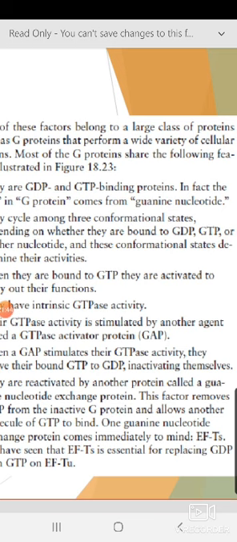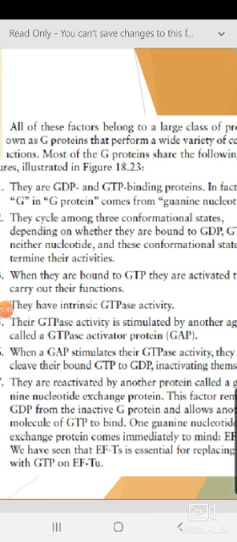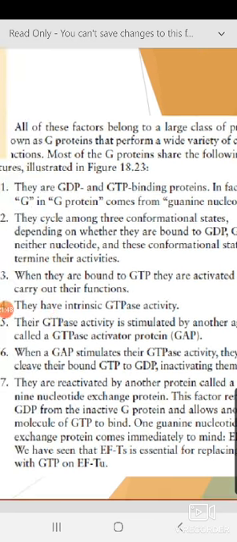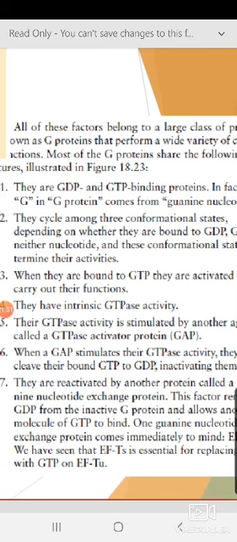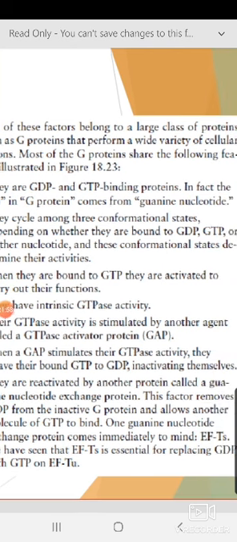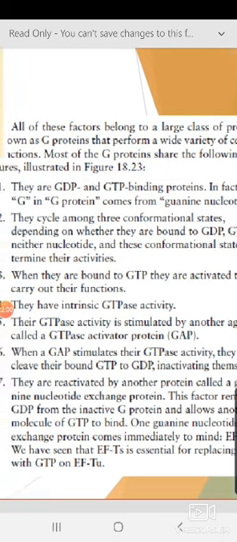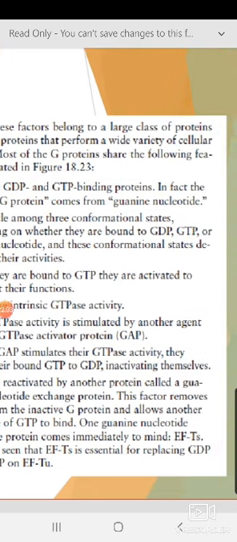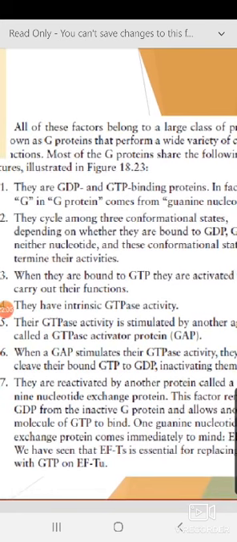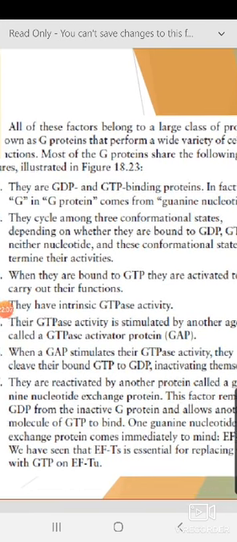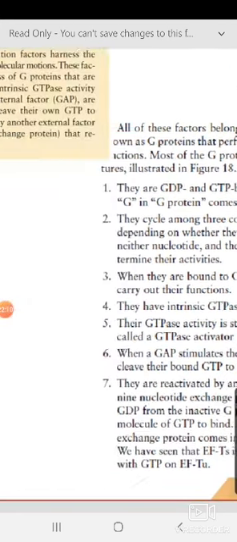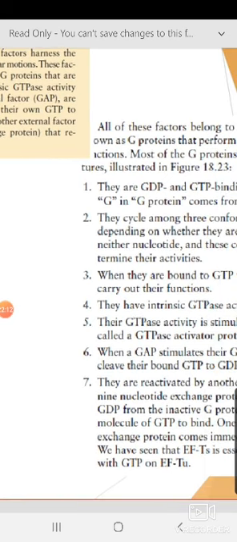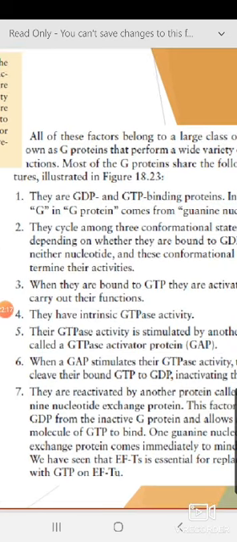This factor removes GDP from the inactive protein and allows another molecule of GTP to bind. So the guanine nucleotide exchange factor plays a crucial role in exchanging GDP for GTP, and one guanine nucleotide exchange protein comes immediately to mind. I already mentioned EF-Ts. Remember, we have seen that EF-Ts is essential for replacing GDP with GTP for elongation factor Tu. Okay, so with this I'm ending today's presentation.